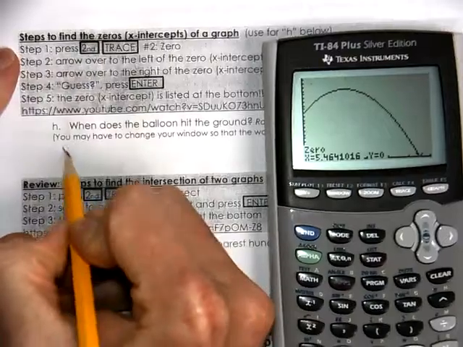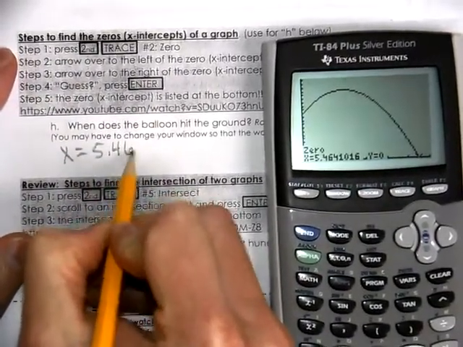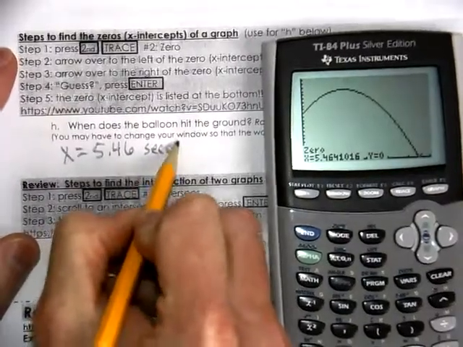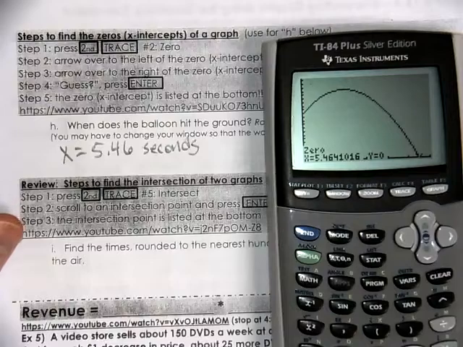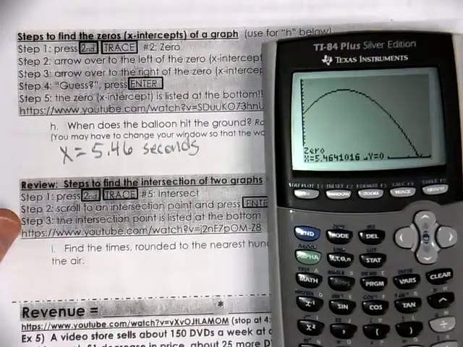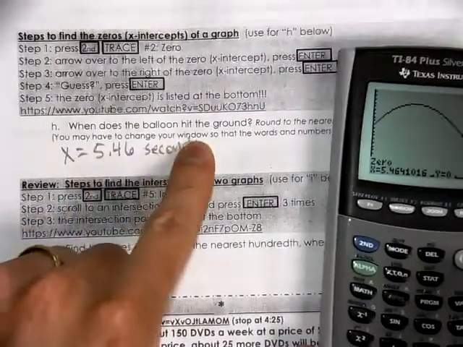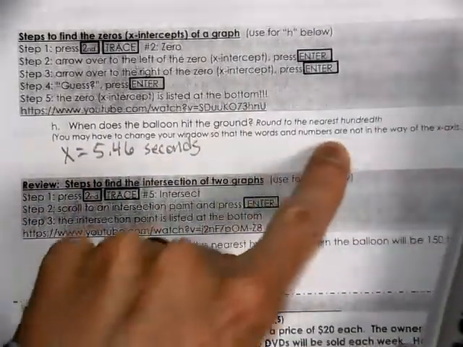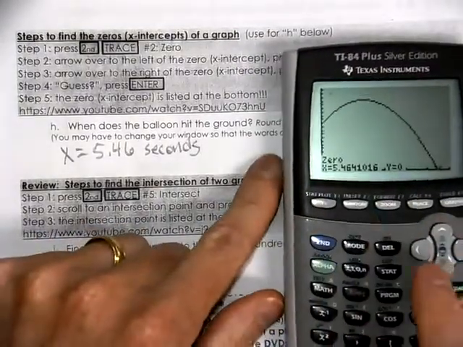So when does it happen? When x is 5.46 seconds. That's an approximated answer, but that's a pretty good approximated answer. Here it talks about you may want to change your window so that you can see more of your information and your axes aren't in the way.